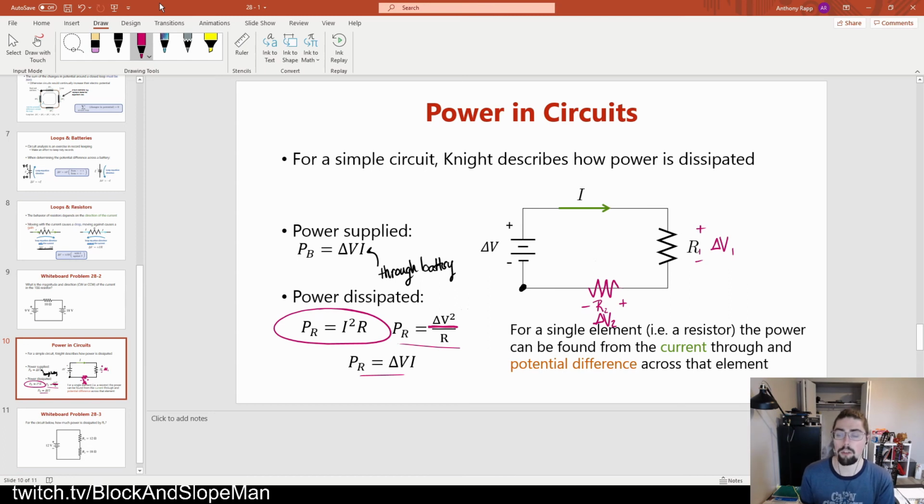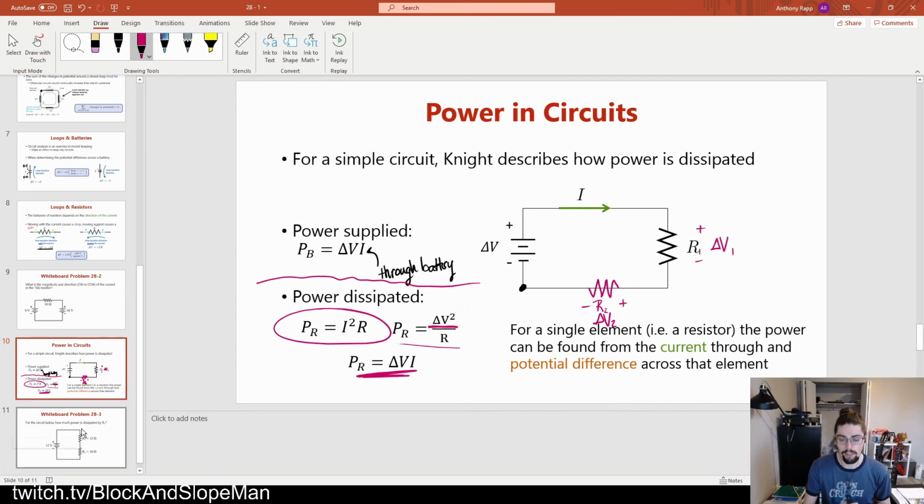But it isn't the only way, and we can see that if it's only one resistor, this equation does a fantastic job. It's simple, but I want you to keep that in mind. That is my big emphasis, though, that the delta V here is not the same as from the battery. These are two separate pieces, and we have to keep them separated.